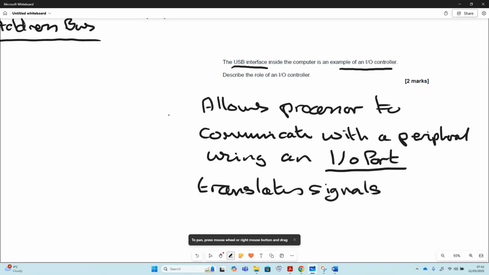So it translates those signals, so the data that comes from a peripheral is translated into something that the processor can understand.